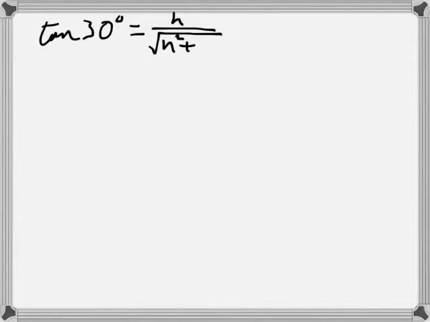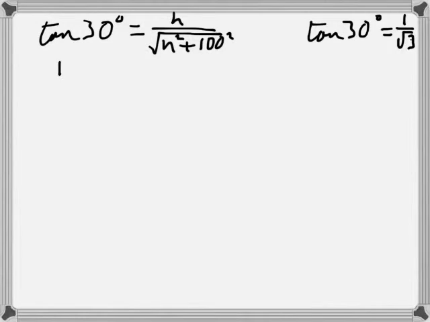So what we have is that tan 30 degrees is equal to H over the square root of H squared plus 100 squared. Now if you remember, tan 30 degrees is equal to 1 over root 3.